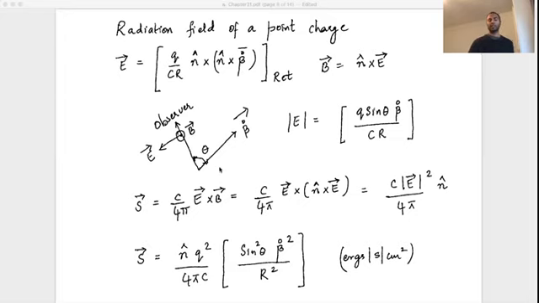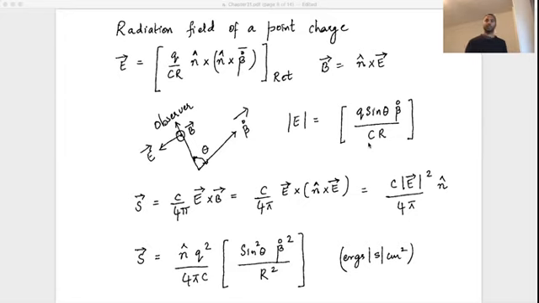So it lies in the same plane as the acceleration vector and the line of sight vector, and it's always parallel to the acceleration vector. So that's an easy shorthand to figure out the direction of E. And of course, you can get B from B being n cross E. So it's a convenient way to write E is this.